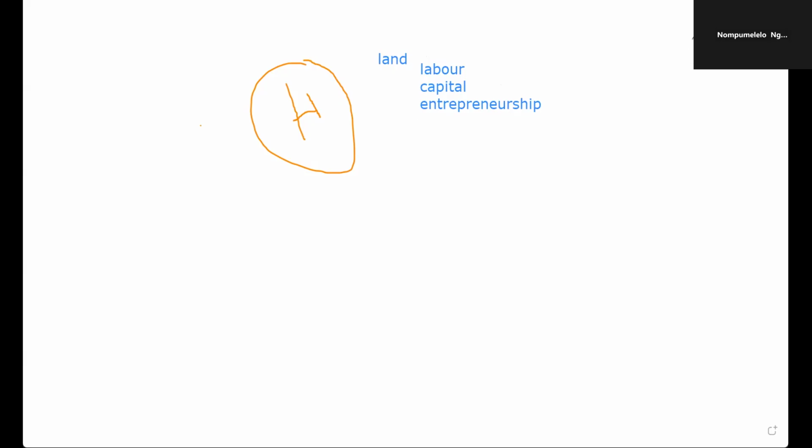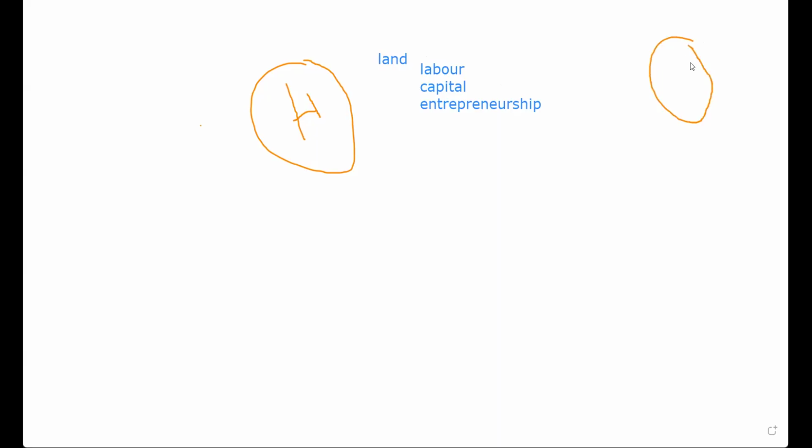So here we'll be having the firm. The households will provide the factor market with these factors of production, because the factor market is basically there to buy the factors of production from the household.